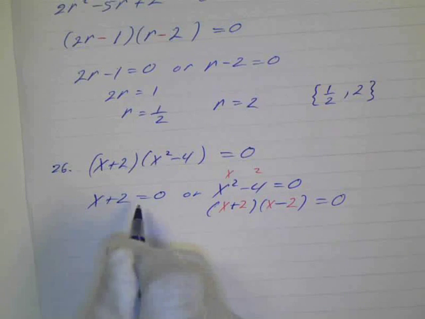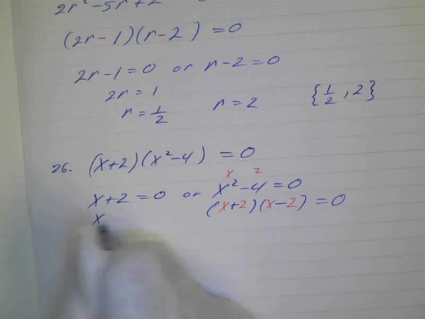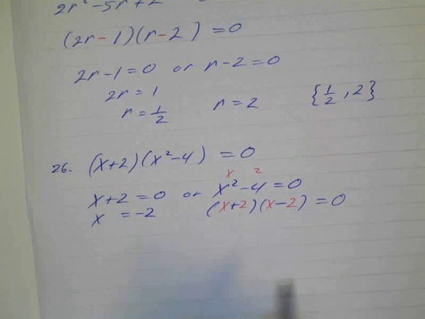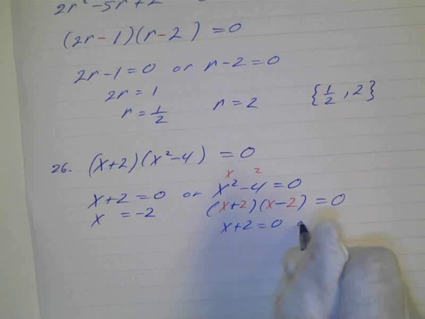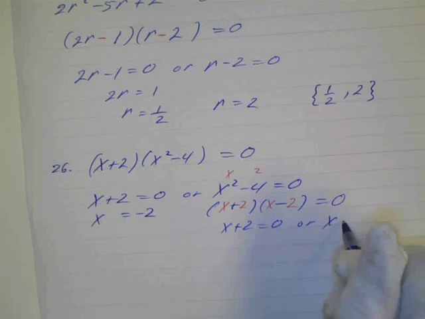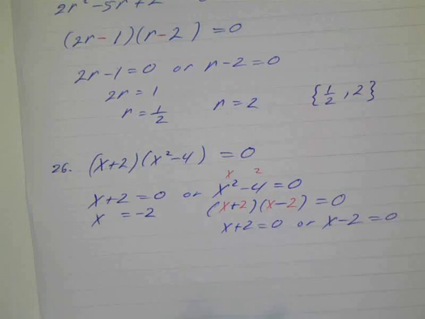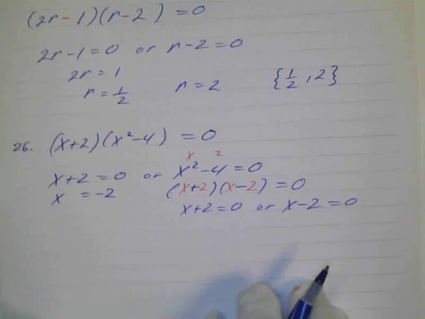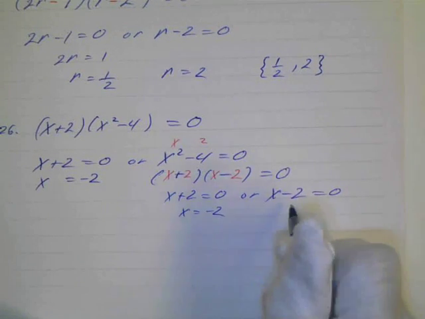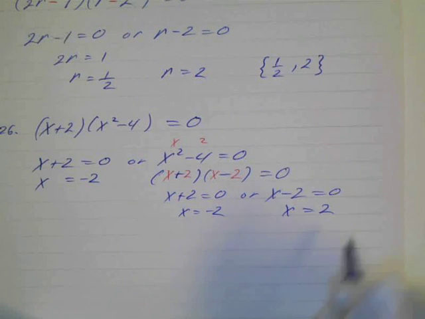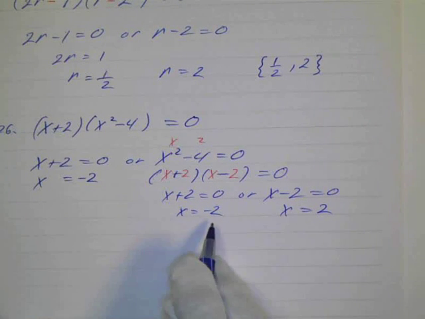So now we have a possibility here that x equals negative 2. And over here, we know that either x plus 2 equals 0, or x minus 2 equals 0. So here x equals negative 2, and x equals positive 2. Now notice we've got negative 2 twice.